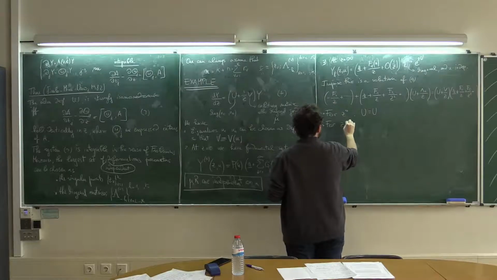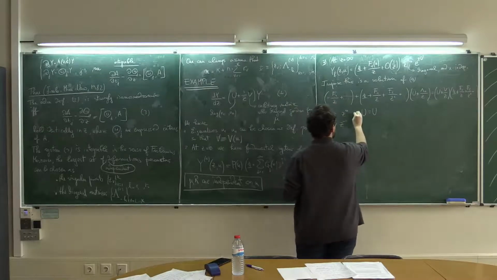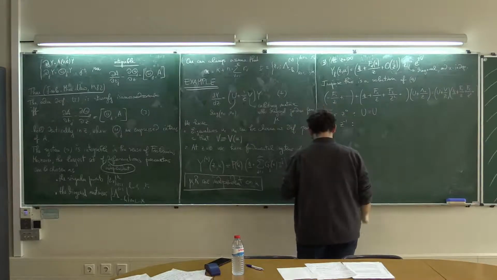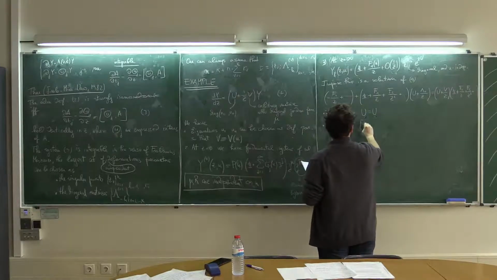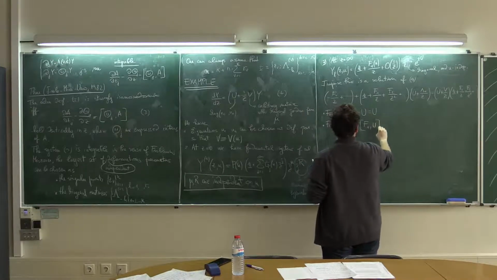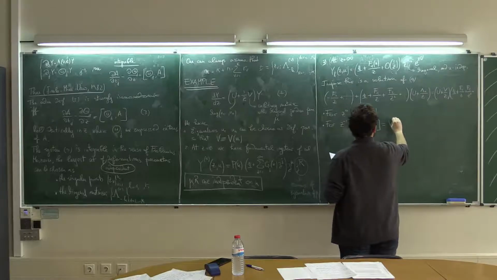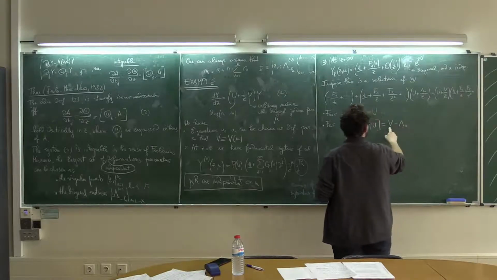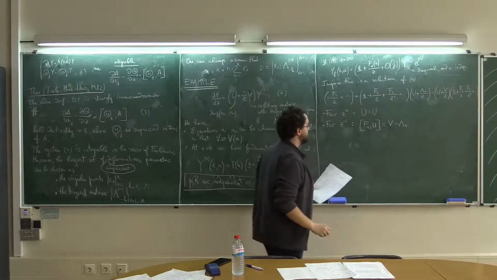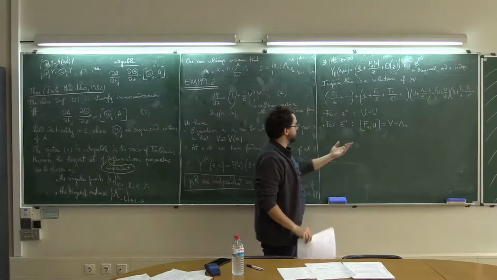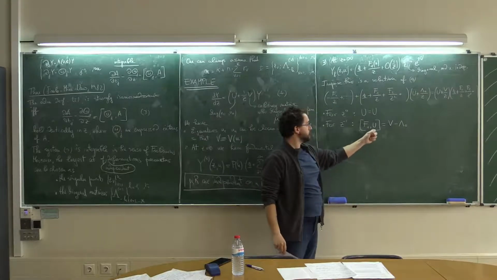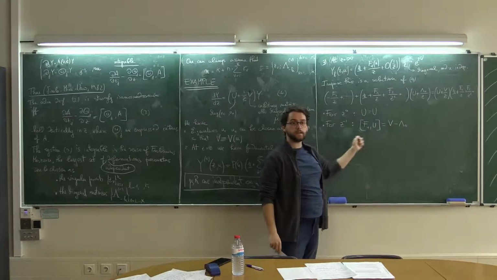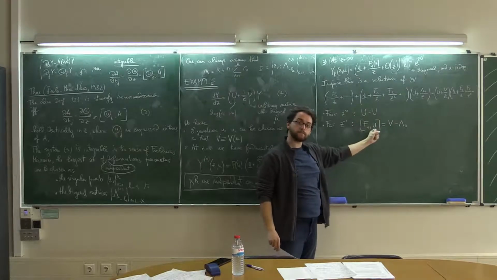For z to the power minus 1, we start to find some strong constraint. The commutator of f1 and u must equal the difference of v and lambda 0. But here we have a commutator of a matrix with a diagonal matrix, and in particular it is off diagonal.